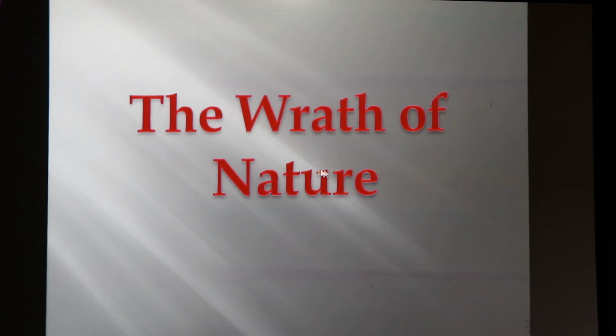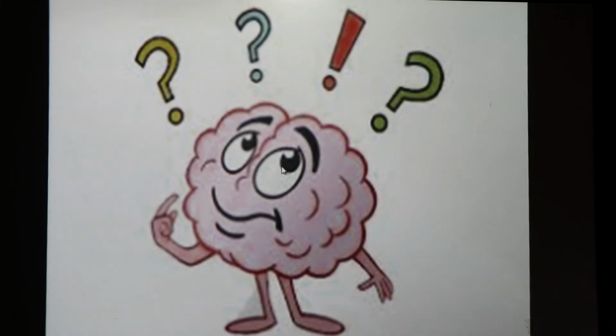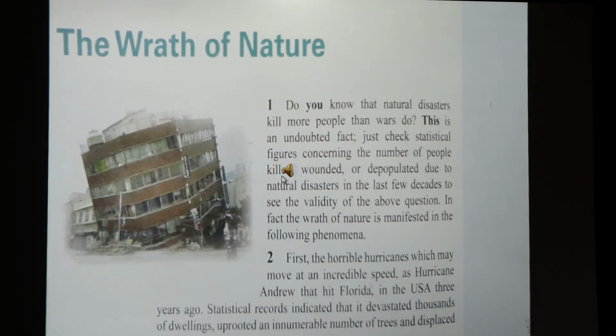So this is a word that indicates a feeling. Here we are comparing nature to a person. What kind of feeling would a person have in order to destroy or become so aggressive? So wrath means anger. Please read the selection below and answer the questions that follow.